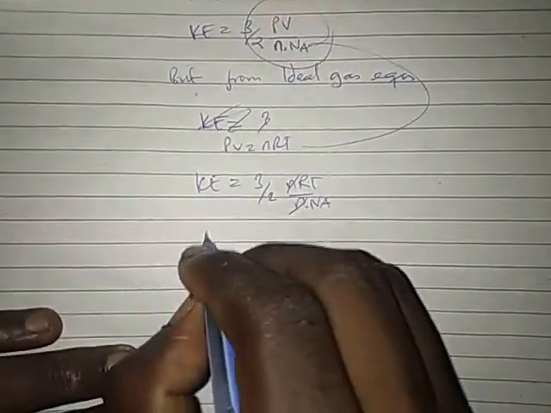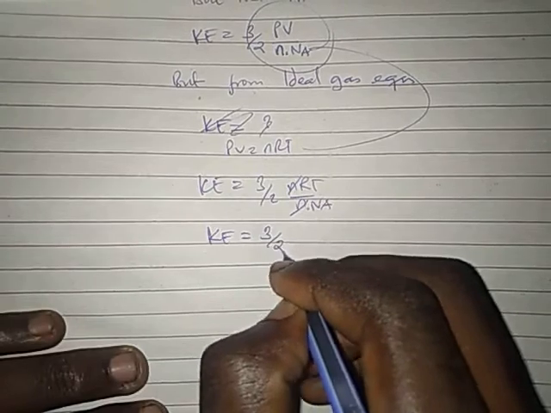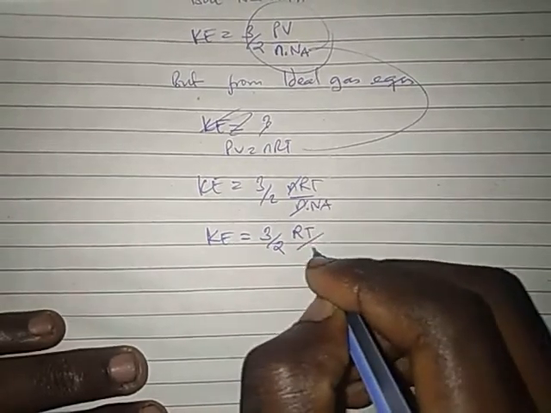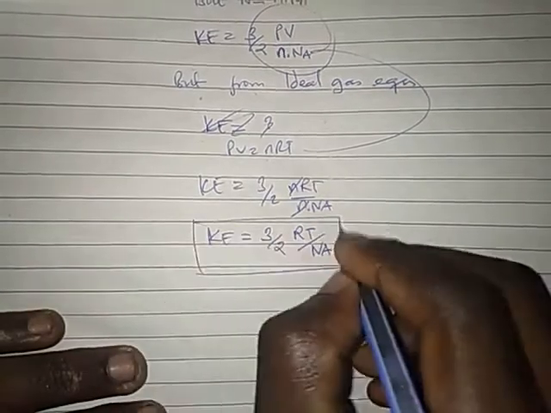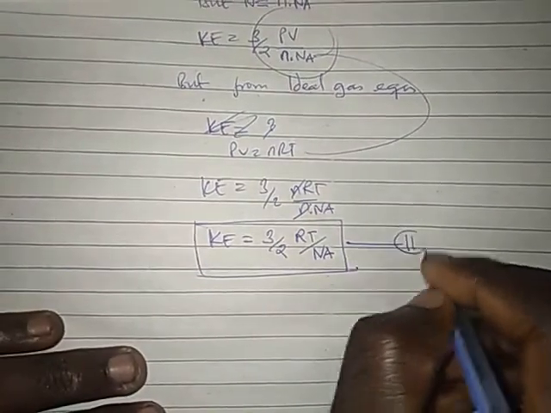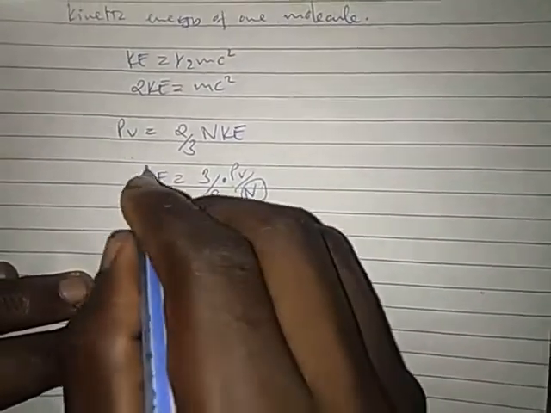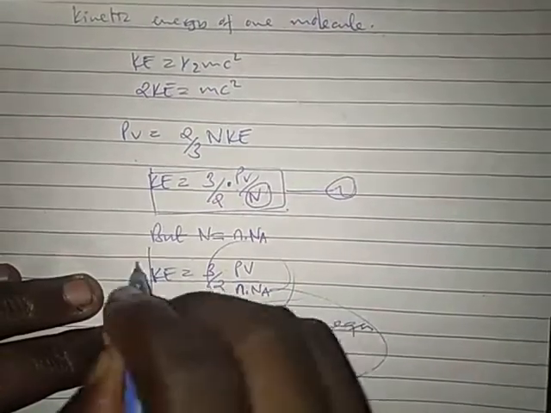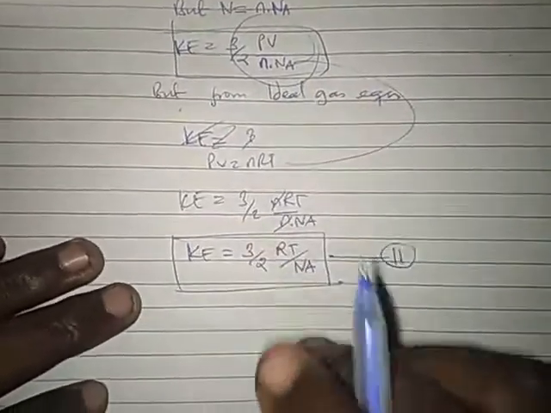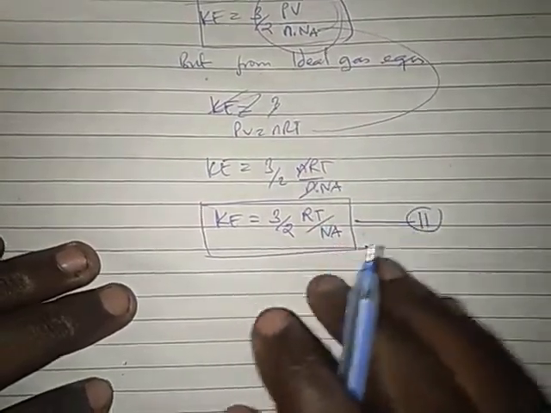So the kinetic energy is 3/2 then RT divided by Na. That is Avogadro's number. So you can use this equation, call it equation 2, or you can use this equation here, call it equation 1, or you can use this equation here. Most of the time this is the most simplified equation for the kinetic energy of a single molecule.